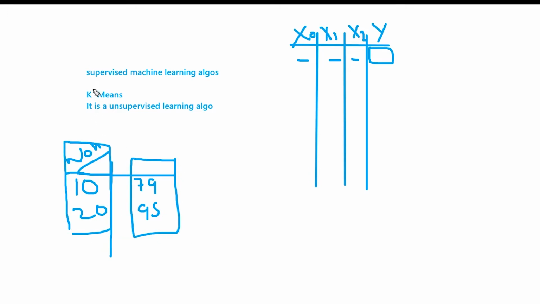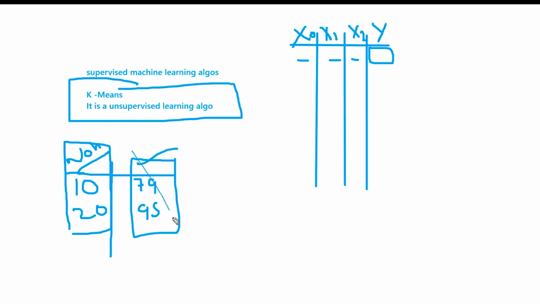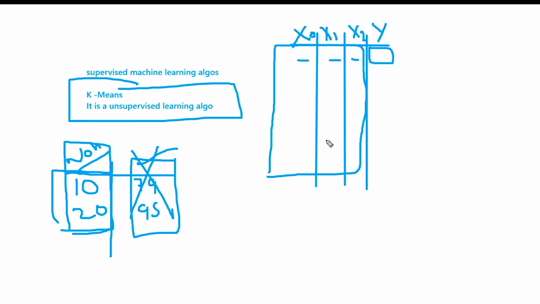But in k-means, an unsupervised learning algorithm, we are not going to have this part. We will only have the x part, and we have to find out the meaning of this data and do some processing on it, so that we can get that output, and we cannot have this y here.